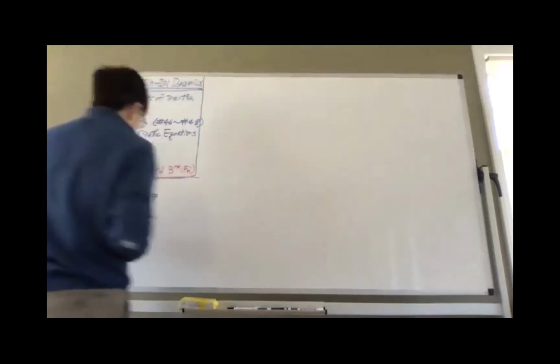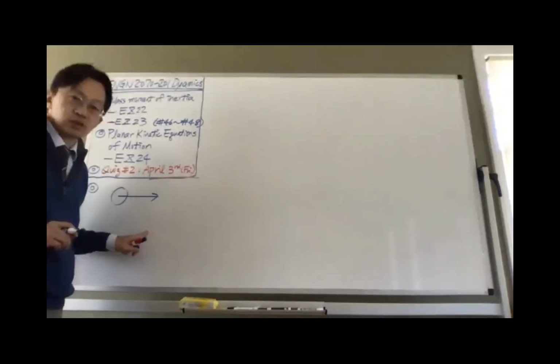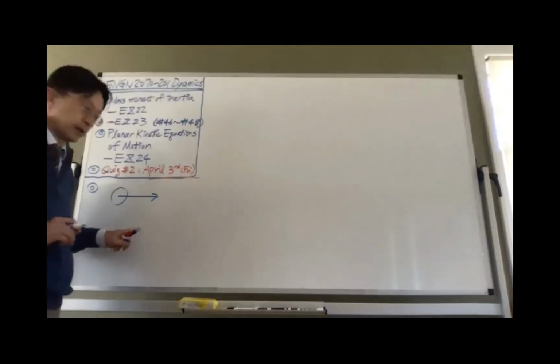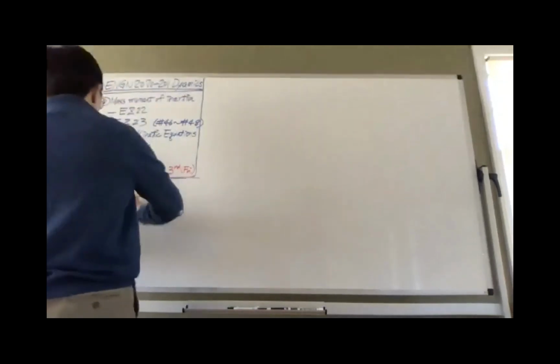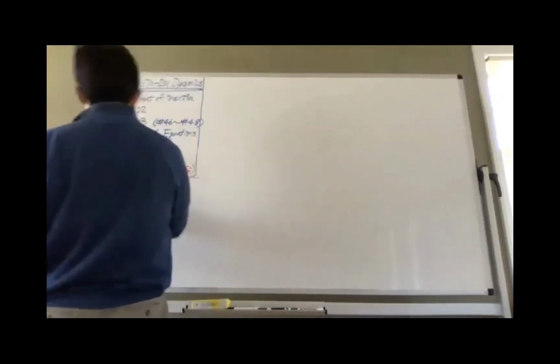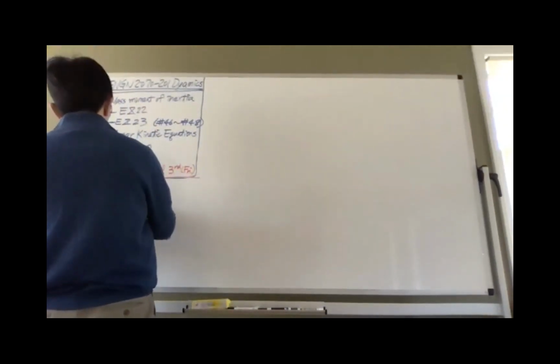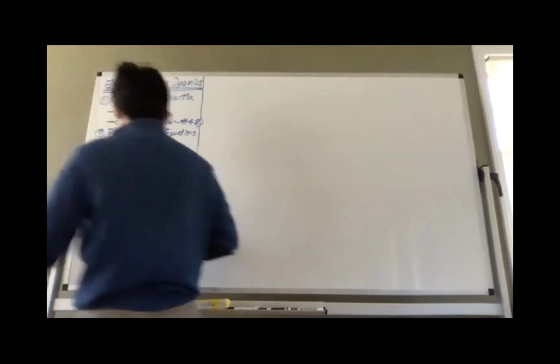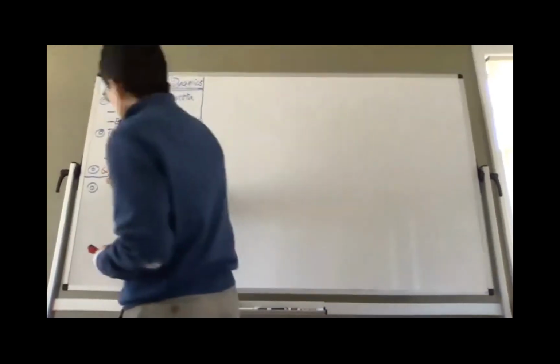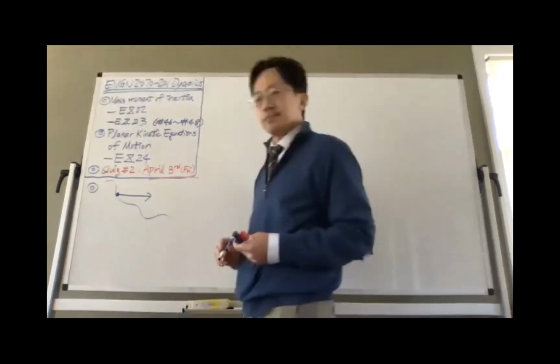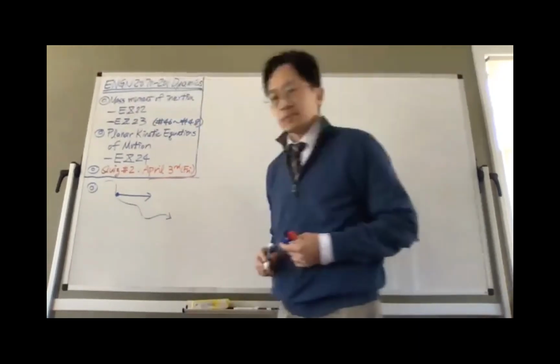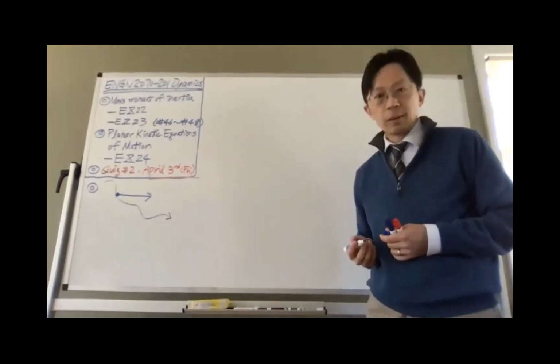In that case, you can use rectilinear motion or curvilinear motion. So you do not consider any geometry effect. It's just a point with mass. Whether it moves linearly or non-linearly doesn't matter.